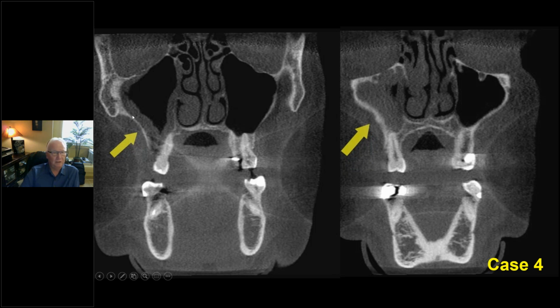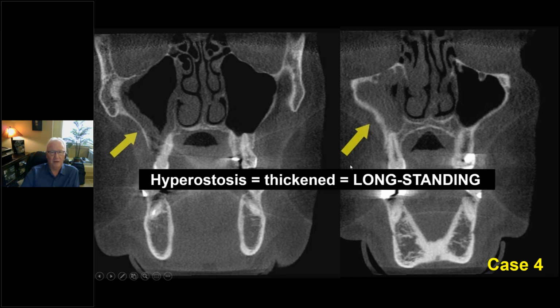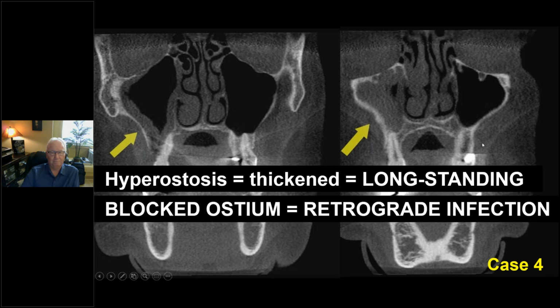In this region, a little bit further posterior, the bone doesn't look too bad. It looks very similar to the other side. As we come more anterior, you can see that the bone is thickened and what I call hyperostotic. So this is a very, very long-standing change. You need to get that under control before you actually place the implant.